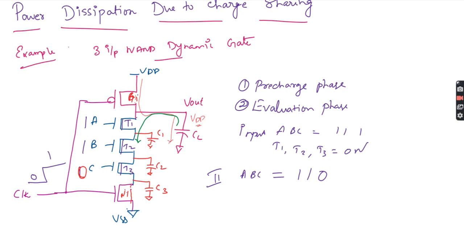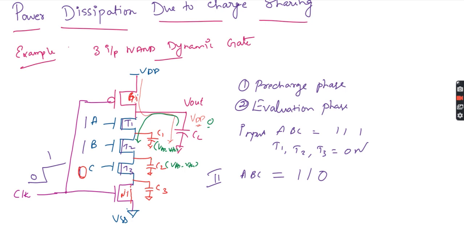Now when it tries to discharge through this, I will get the value as VDD minus VTH, so this capacitor will be charged. How much will be charged? VDD minus VTH. Again this capacitor also will be charged, VDD minus VTH. After that, this capacitor will not be charged, because here the input is 0. So now you can see this has started to discharge. When it is completely discharged, this will be 0, the output will be 0.